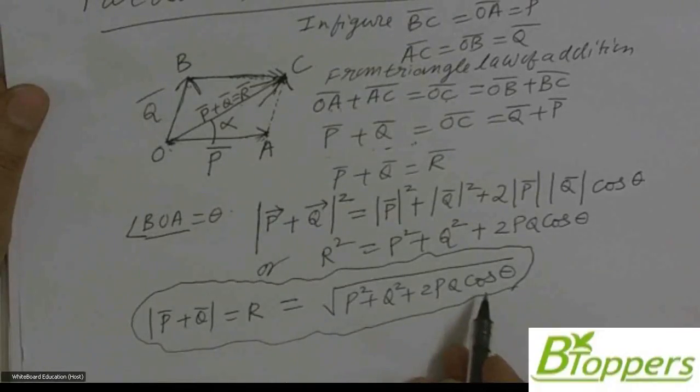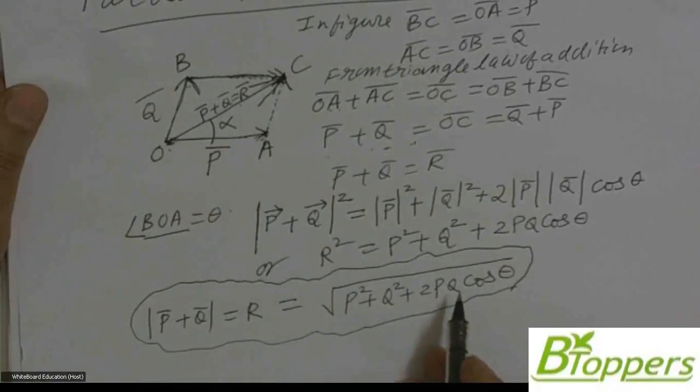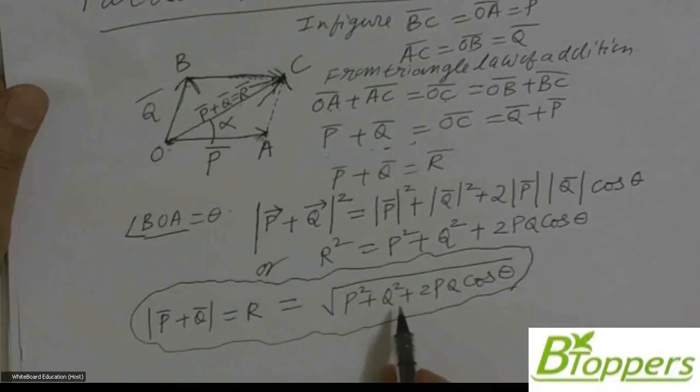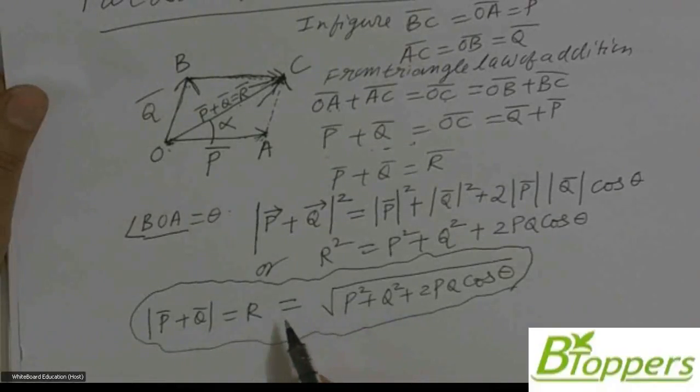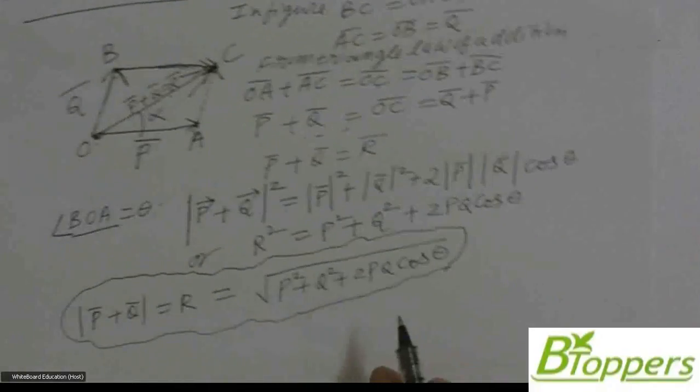So the angle theta between the two vectors can be taken as 0 degrees when the two vectors act in the same direction. So for given values of P and Q, the magnitude of the resultant will be maximum when the two vectors act in the same direction.